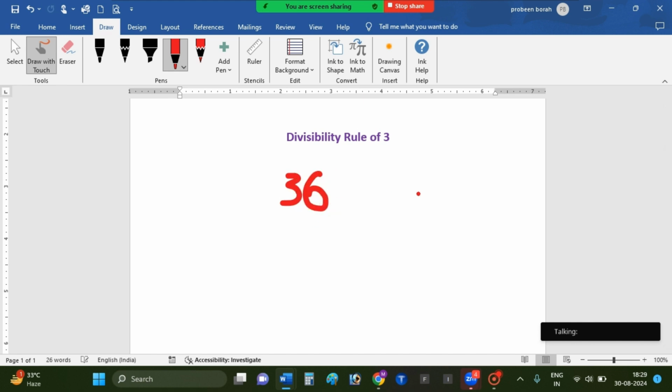Okay, if this number is divisible by 3 or not, how do we find out? So here there are two digits, right? This is the ones digit and this is the tens digit, right? So we add both the ones and tens digits, so it will be how much? 3 plus 6. So 3 plus 6 is how much? So it comes out to 9, right?